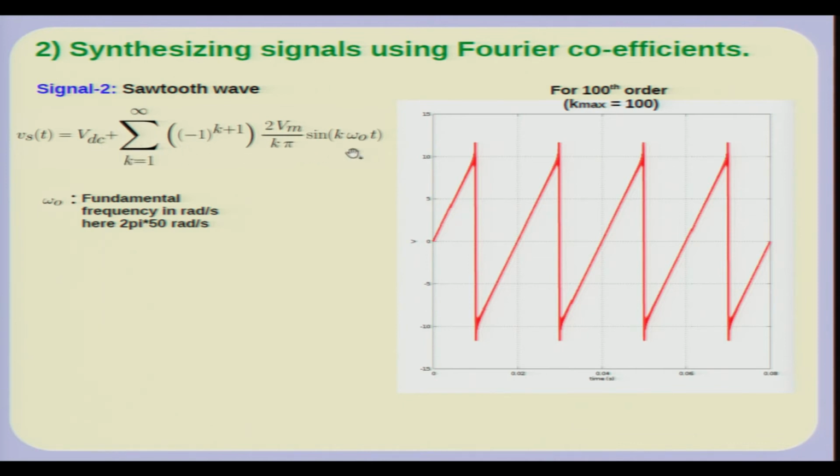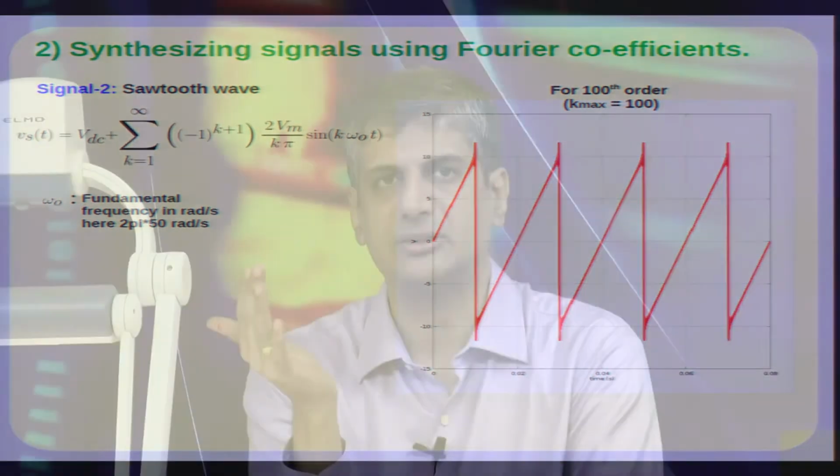Here again I have chosen t equal to 0 in such a way that I have only sinusoidal components, but remember that the Fourier series can in general have sinusoidal and cosinusoidal components. If I keep the waveform as it is but shift my time axis, the Fourier series will have cosine components as well.